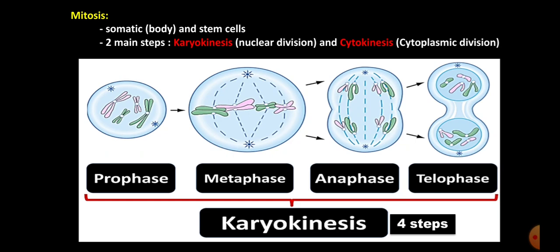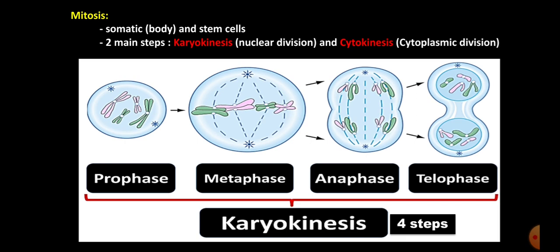Now students, here you have to just remember the picture, and the picture is so clear that if you remember the picture, you can easily write the explanation of that topic or that picture. Now the first one is prophase.